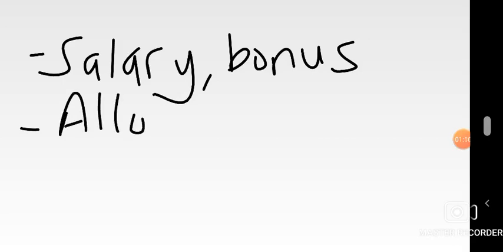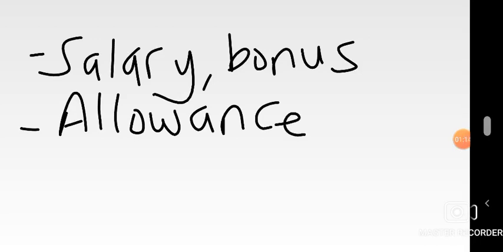So all these things that I'm listing right here, they are subject to tax. Okay, what about allowances as well? Any allowances that an employee receives, they are also subject to tax. Take note of that. So these things I'm listing right now, these are definitely allowed for tax purposes.